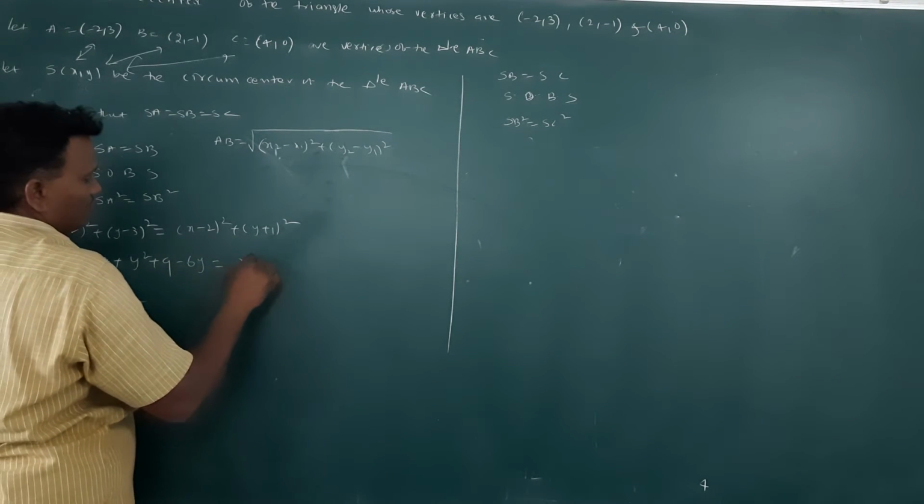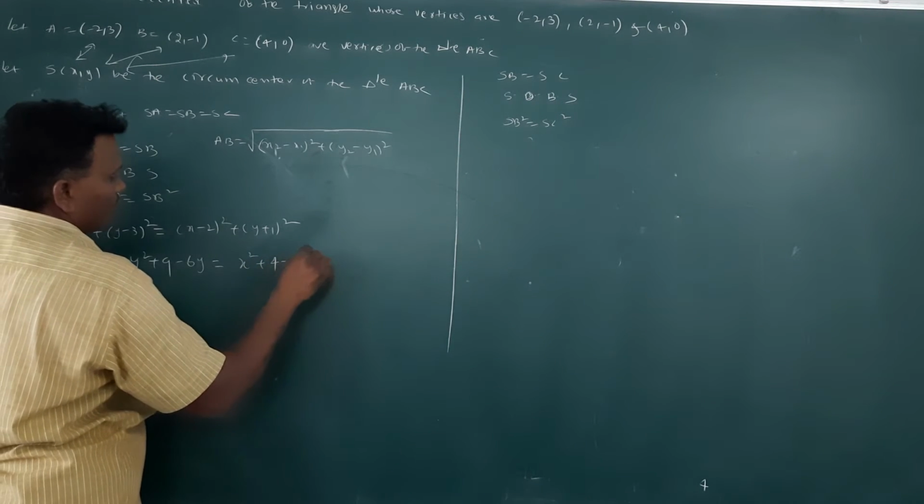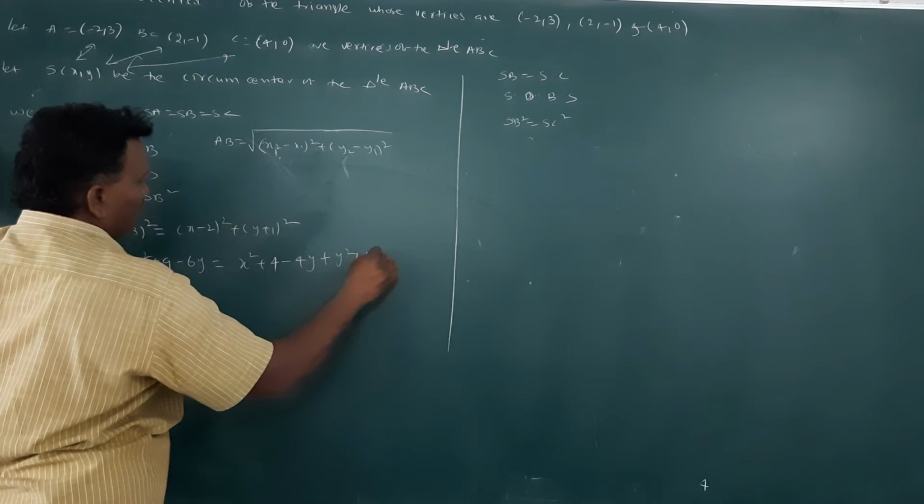Next (a minus b) whole square: x square plus 4 minus 4x, y square plus 1 plus 2y.